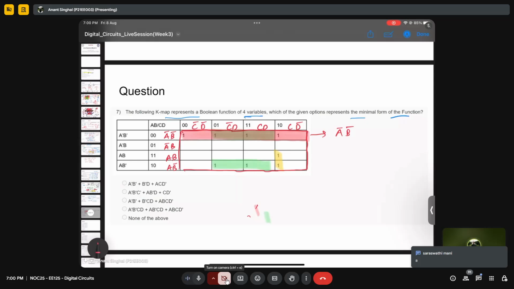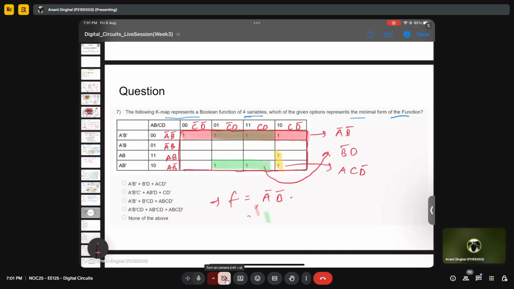The green term is B bar, the common term from the top, and D is the common term from this. The yellow one is A C D bar. So the final answer would be A complement B complement plus B complement D plus A C D complement.